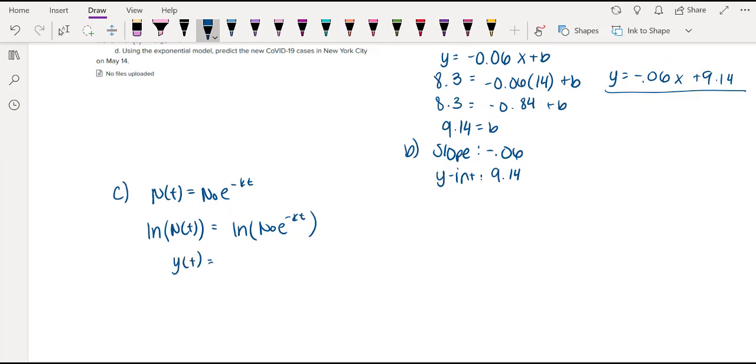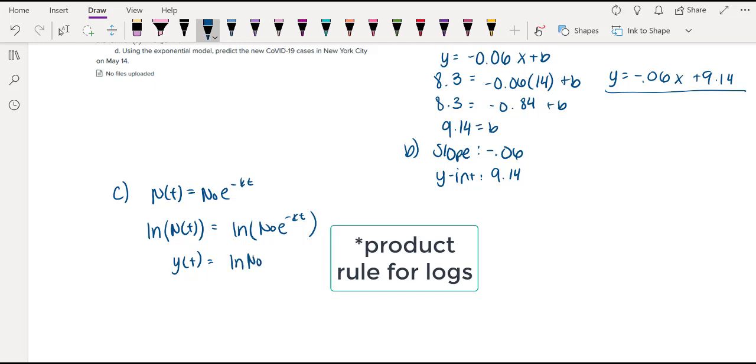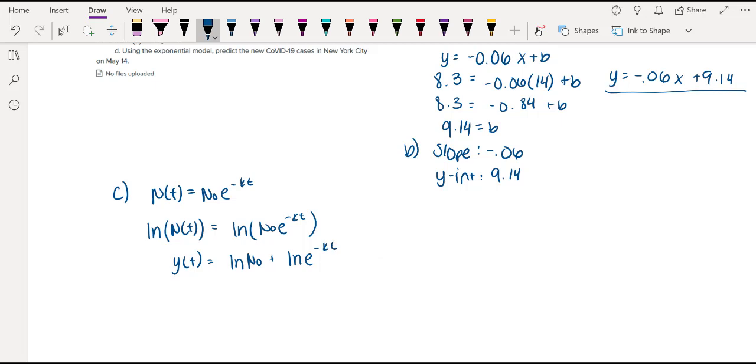On my right side, I'm going to use the product rule to separate that. We have the natural log of N naught plus the natural log of e to the negative kt. Simplifying even more, we get the natural log of N naught plus, ln of e to the negative kt is just negative kt.